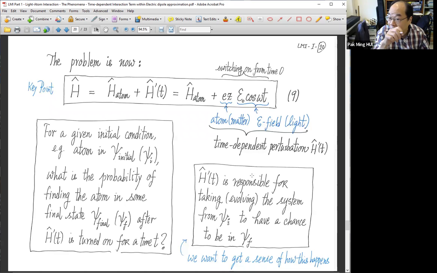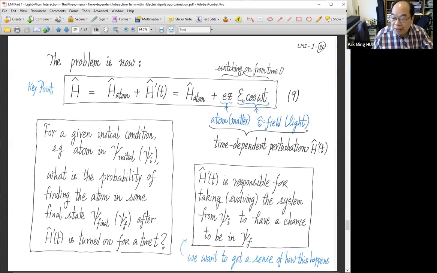Actually, there is an r dependence as well. But the new element is the time dependence. That's why we need to learn something new. Okay? So this is the problem we need to learn how to solve. But at this point, let me emphasize one more time. You see atom things here, you see light things here, and then this is the interaction term.